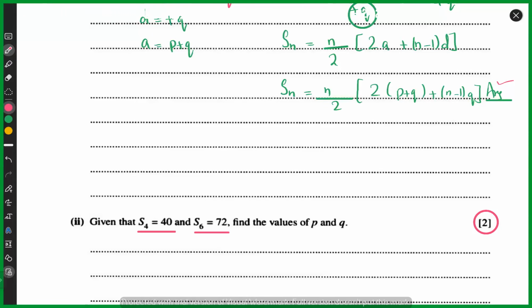Yes, very good. That's right. P is 5. Excellent. Very good. So this means that both of you were able to do this question. Well done. Okay, so let's talk about the next one then.